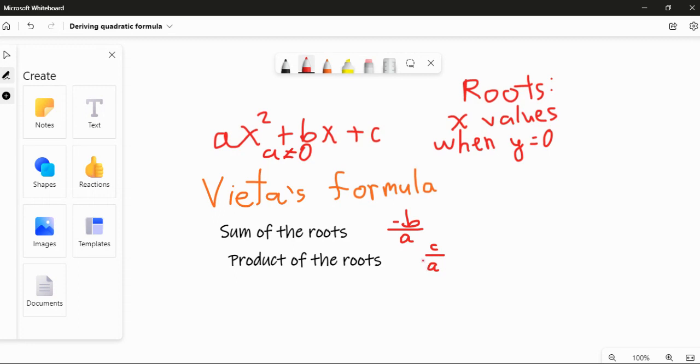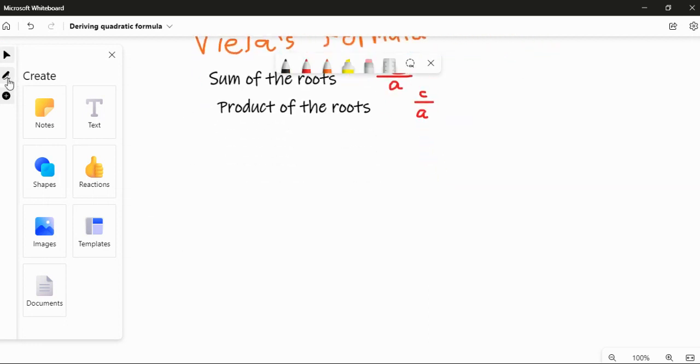Okay, so let's prove this. In this, we know our two roots are negative b plus the square root of b squared minus 4ac, all over 2a.